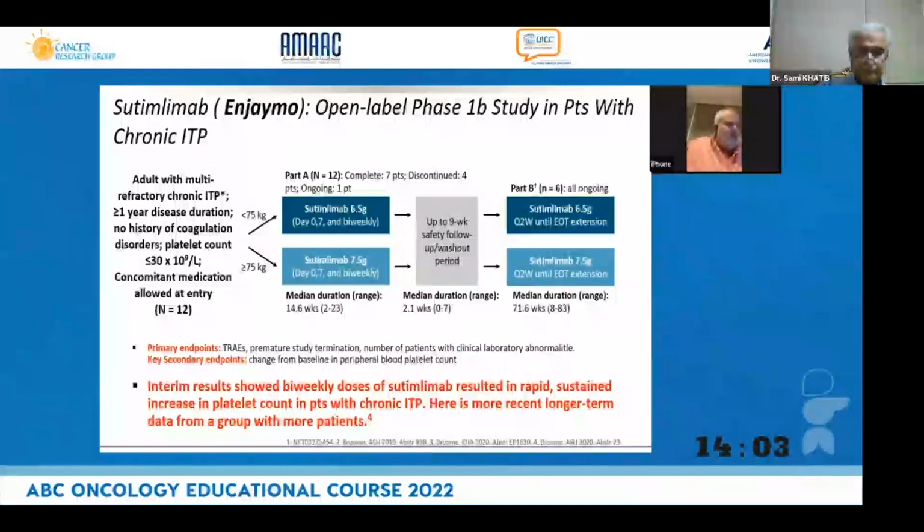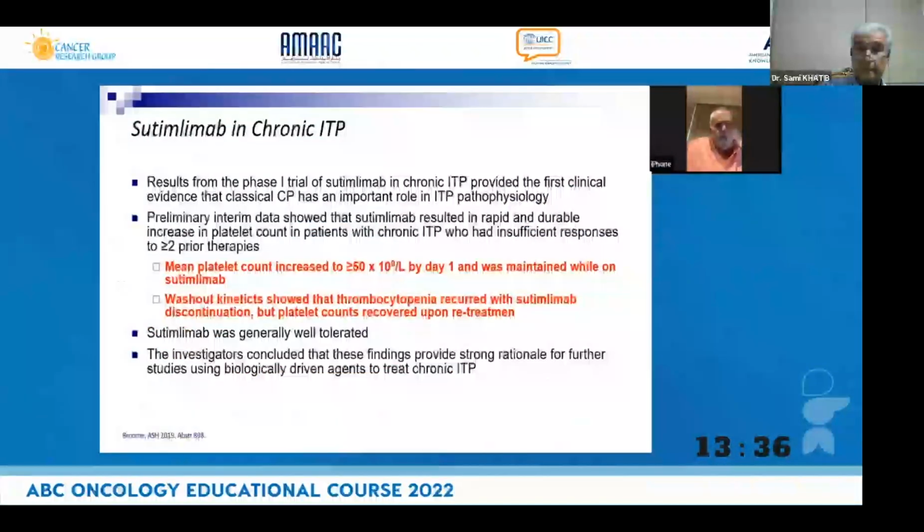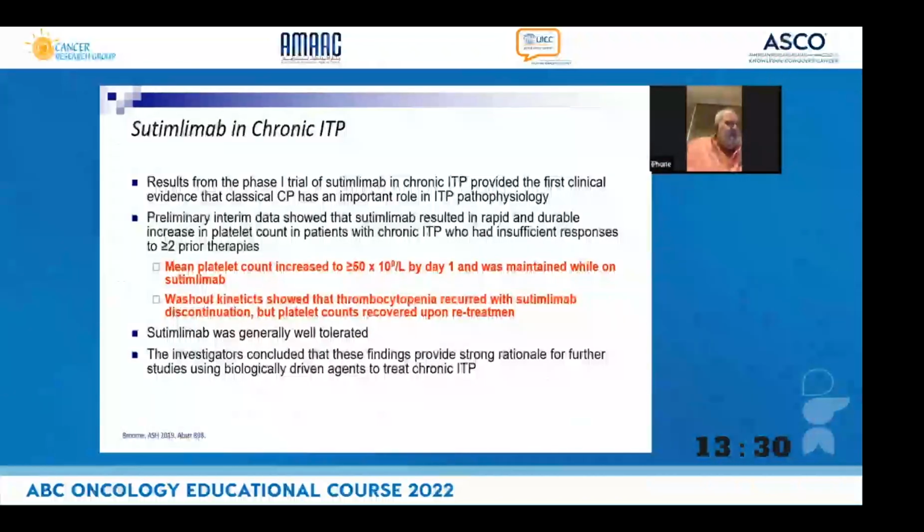Now, the interim results of this trial showed that IV biweekly dosing of Sutimlimab resulted in a rapid, sustained increase in platelet count in patients with chronic ITP. Here is more recent long-term data for a group with more patients. Next slide. To summarize, the mean platelet count increased by more than 50,000 by day 1 and was maintained while on the drug.